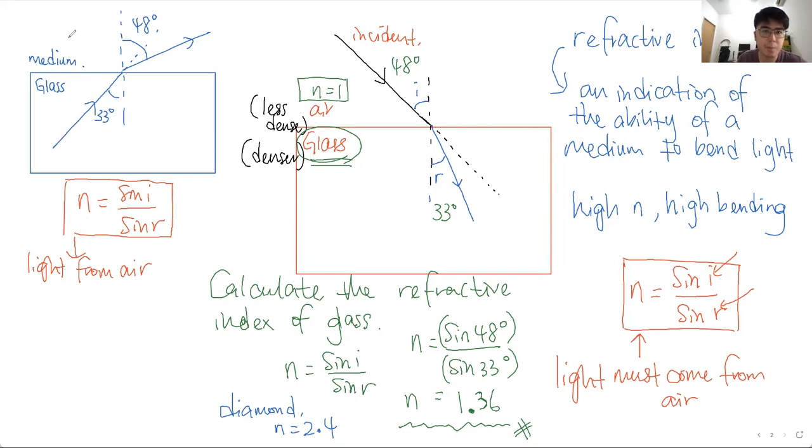So what do we do? We flip this whole thing. We just change the direction of the light ray, because there's a principle of light that says if the incident ray takes this path, you can actually flip the path.